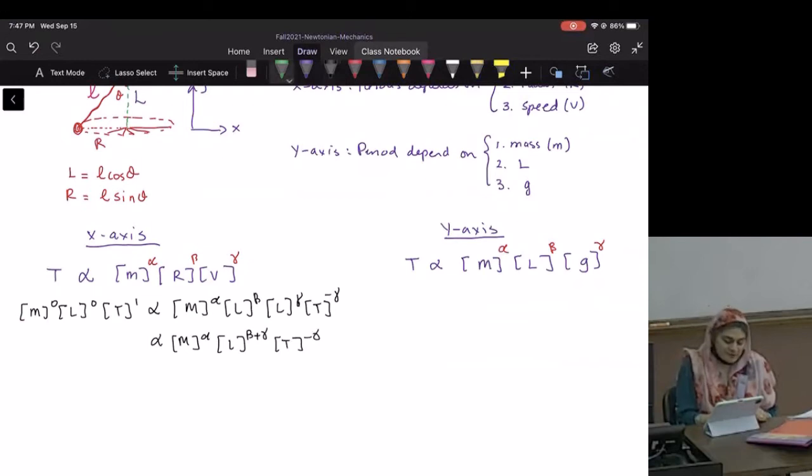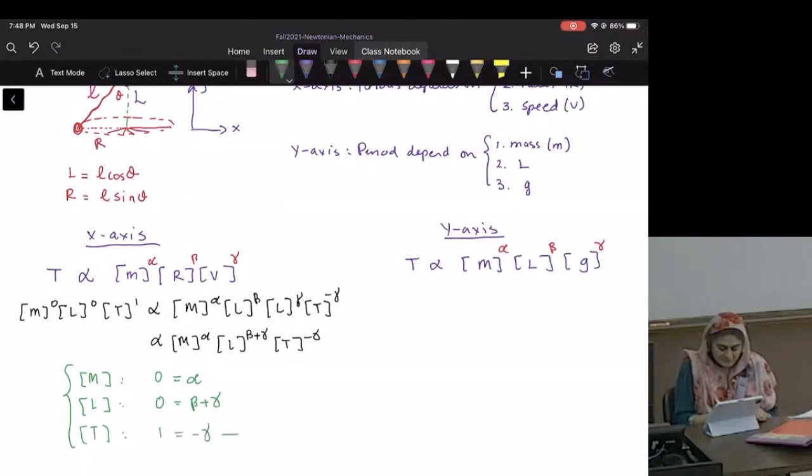Now if we compare coefficients or equate powers, M equals alpha, 0 equals beta plus gamma, and T, we will get 1 equals minus gamma. Which gives me gamma equals minus 1, beta equals 1, alpha equals 0.